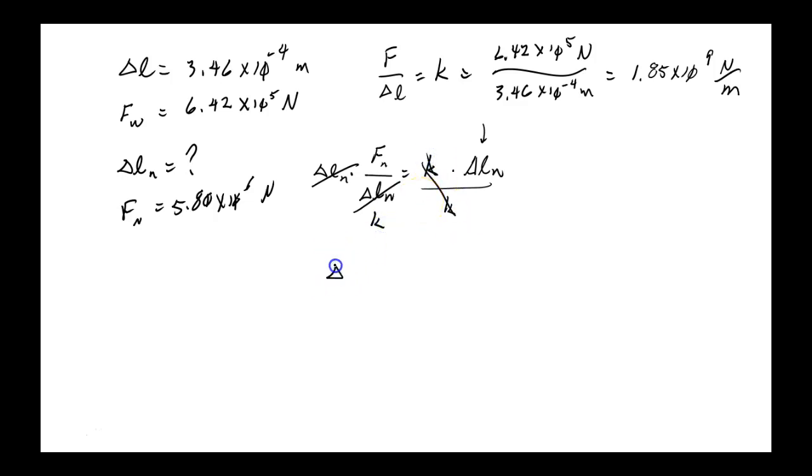So now we have the new delta L is equal to the new force, divided by the old k. K for both of them. So the new force was 5.80 times 10 to the 6th newtons, divided by your k, which was 1.85 times 10 to the 9th newtons per meter.